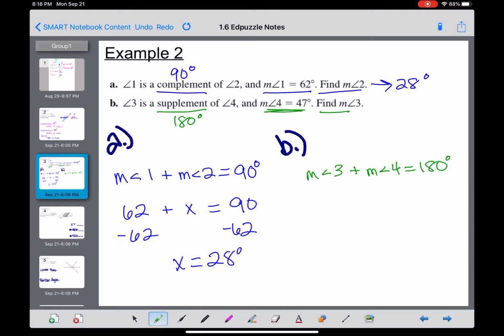I'm going to substitute the measure of angle 4, since I know that is 47 degrees, and that equals 180. I use my algebraic skills to solve for x, and x is equal to 133 degrees. Therefore, the measure of angle 3 is 133 degrees.